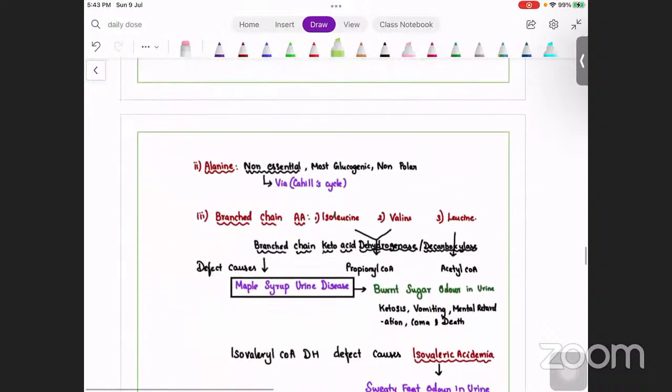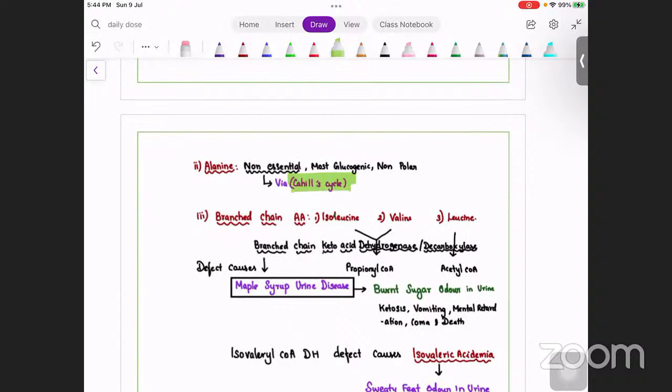Then you have alanine. Alanine is a non-essential amino acid that can be synthesized in your body from glucose. And alanine is the most glucogenic and non-polar amino acid. And alanine can be converted to glucose in your body via the Cahill cycle. So you have to know alanine already.